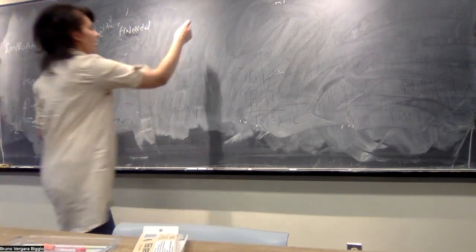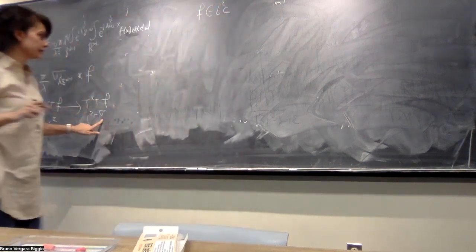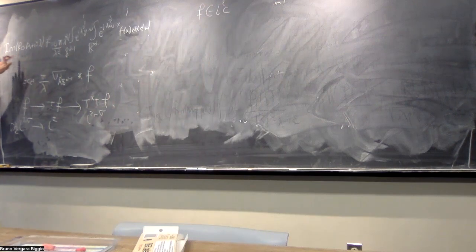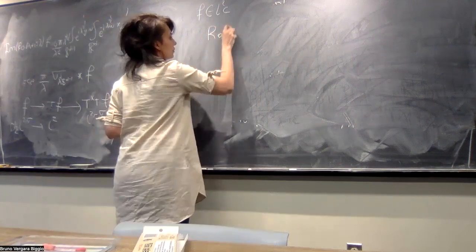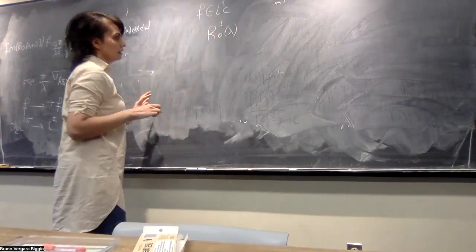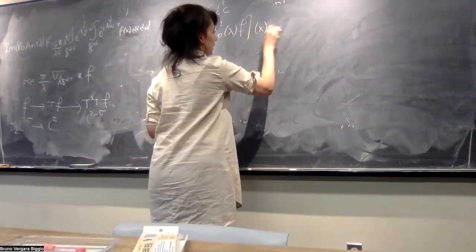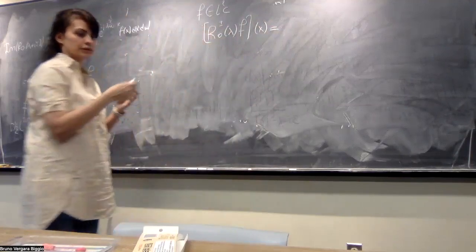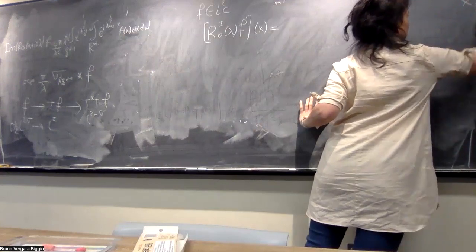So let's say my f is some compactly supported function, which I'm going to represent like that, then actually I have a very nice formula. I know how R0(lambda plus i0) f of x is going to look, at least for large x. Let me write it here for large x.